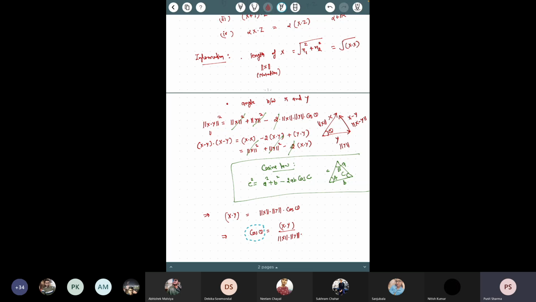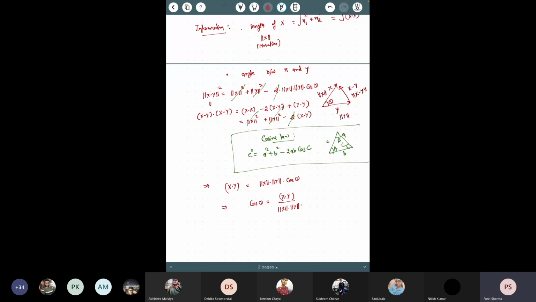But then the question is, can we extend this notion of length and angle to a general vector space? Let's say from R2 to R3 or Rn. Then why restrict only to Rn?